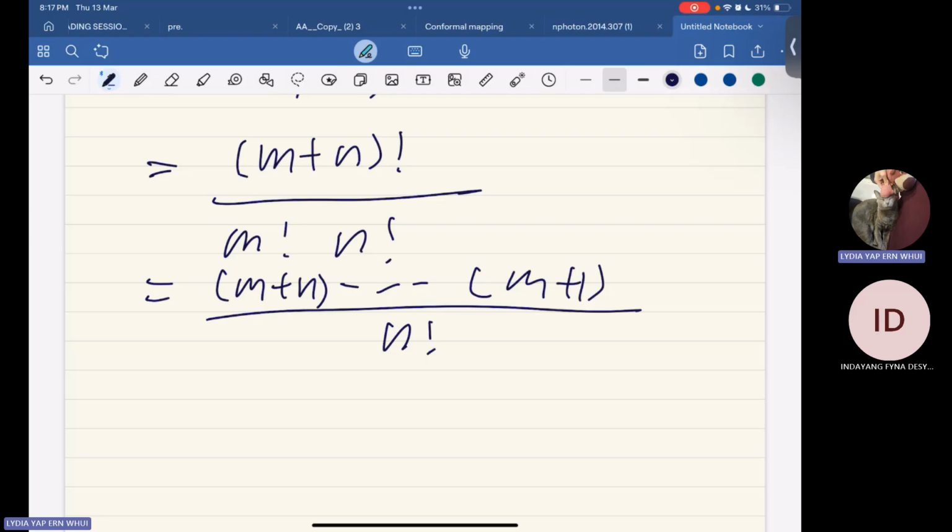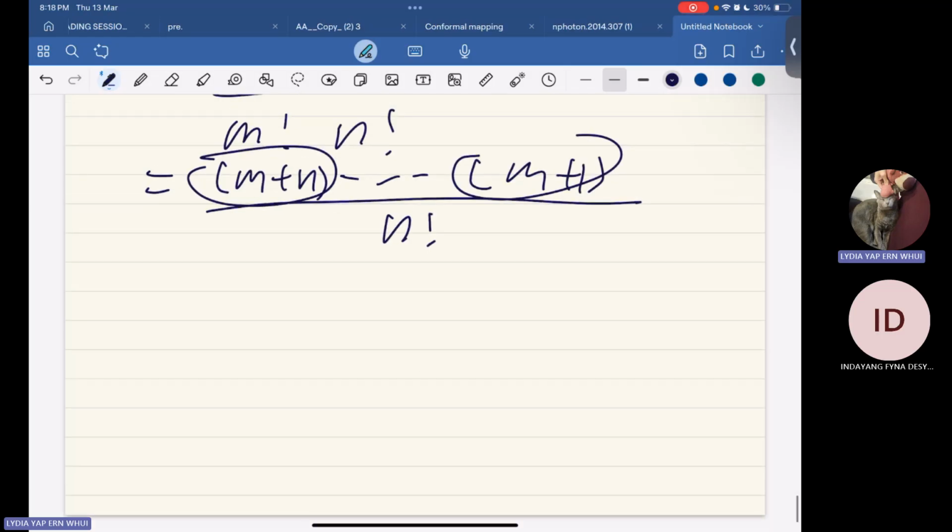Then what is this about m? This is a polynomial, right? This is a polynomial about m with degree of what? With degree of n, right? Can you see this, Lydia, now? Because here is n, 1, 2, and there are n things, and its highest degree is m to the n. So it is a polynomial with degree n.